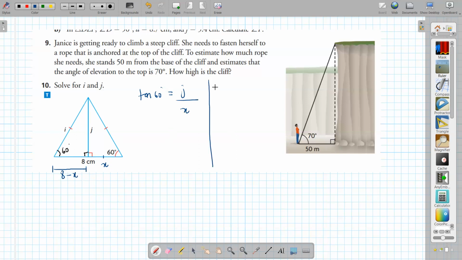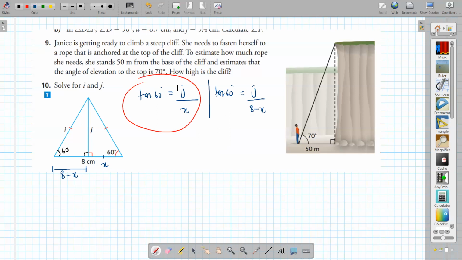On the other side, if you look at the left triangle, tan 60 is going to be what? Tan is opposite over adjacent. So it'll be J over what? 8 minus x, right.